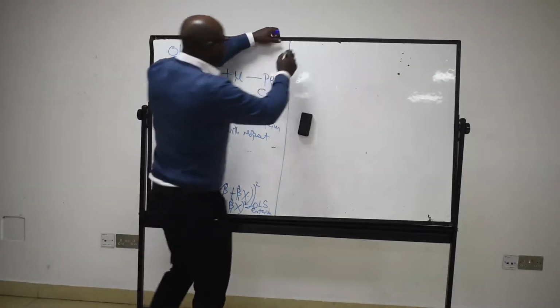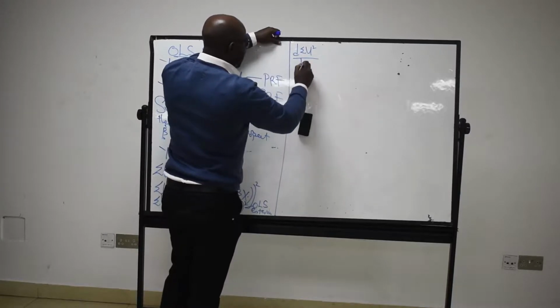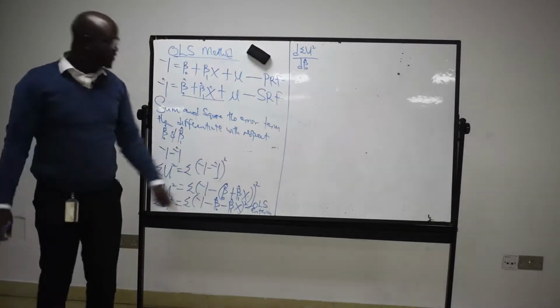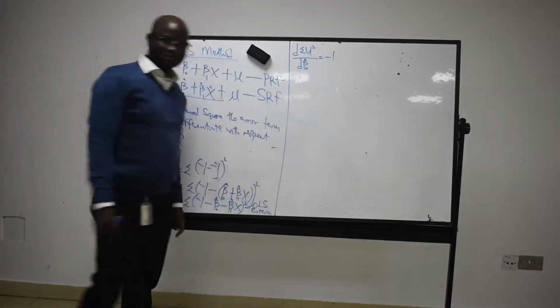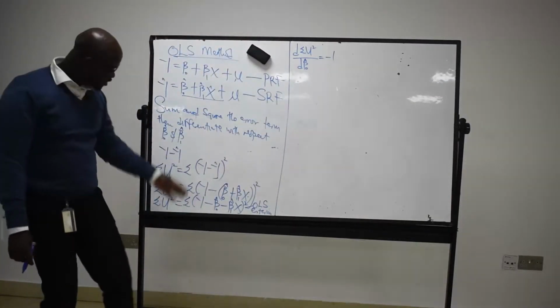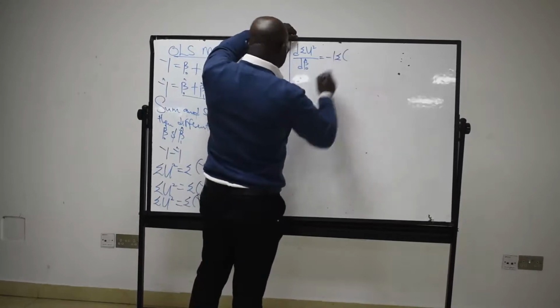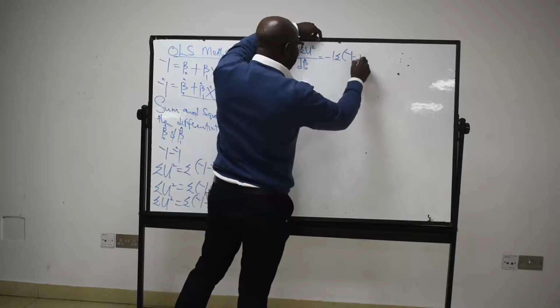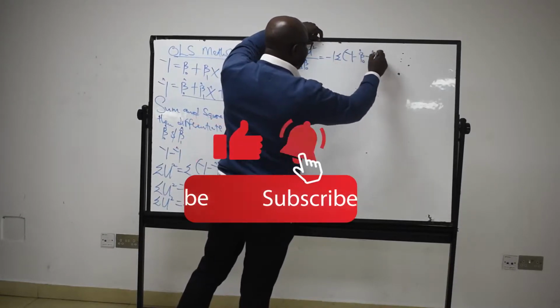In differentiating with respect to beta 1 cap, if I'm differentiating with respect to this, class, you have minus 1. Then repeat what you have inside the bracket the way it is. That's the rule of differentiation, the chain rule. Then we say beta naught cap minus beta 1 cap x.